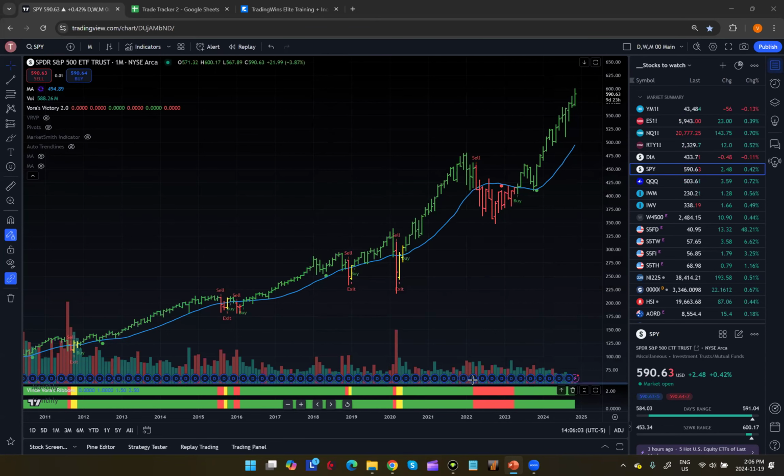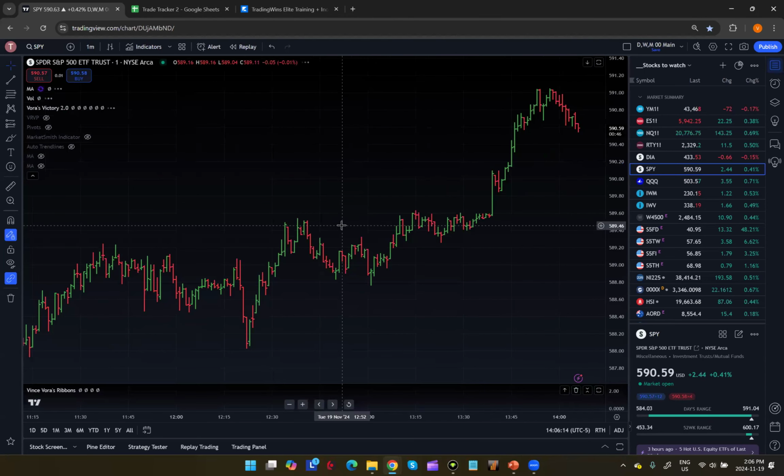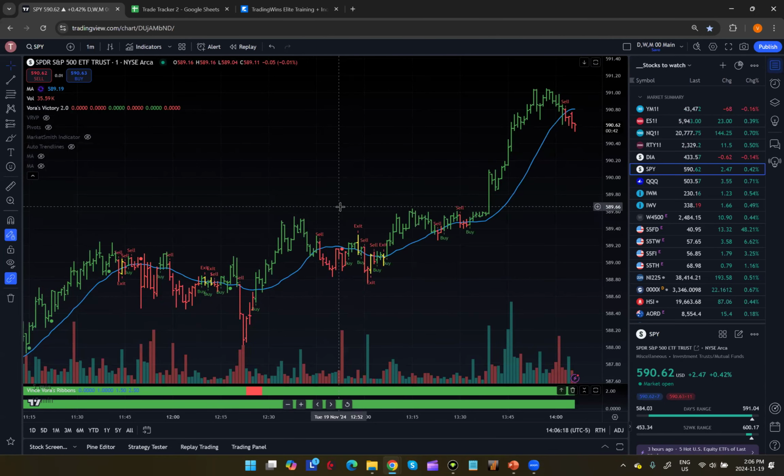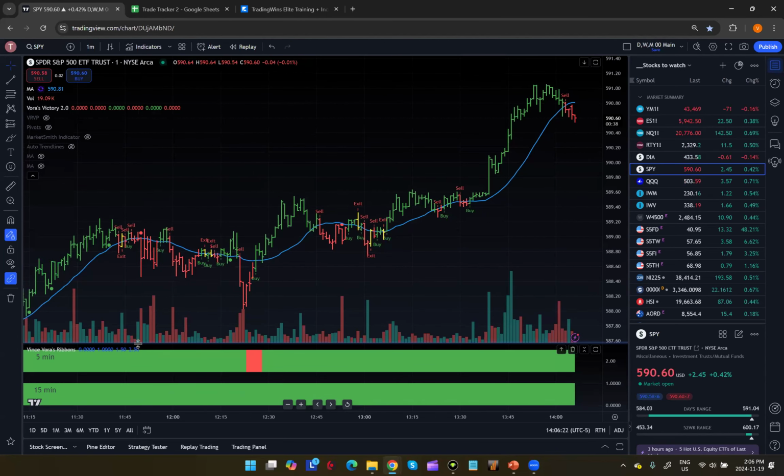Okay. And at the bottom here, you're going to notice that there's a couple of ribbons. Now I'm on a monthly chart here. Let me go back. I'm going to go to the extreme opposite end, the 1 minute chart here on the SPY, and I want to show you these ribbons. As you can see, we're on a 1 minute, and now we have a 5 minute and a 15-minute ribbon.